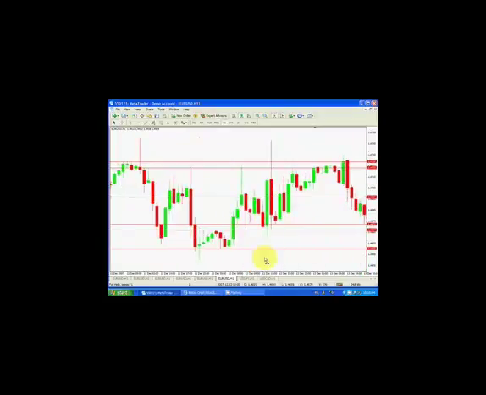So now we've seen how buyers make the market go up and sellers make the market go down. We've seen why we should only enter a trade if we have support behind us, and in this particular section we focused on support for an up move, and where we would want to enter the market and where we would want to theoretically set our targets, and it's all based on common sense.